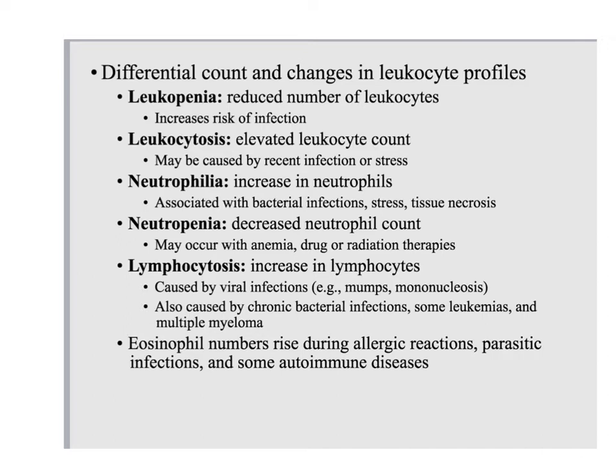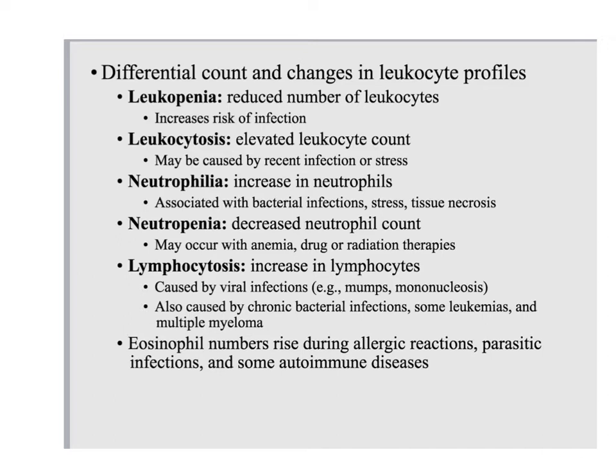It's indicative of some type of problem systemically. Okay? So if you have elevated neutrophils or an elevated white blood cell count, probably a good chance you have some type of infection, cold, virus, flu, whatever. Okay? As an example.